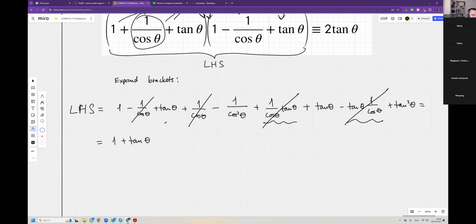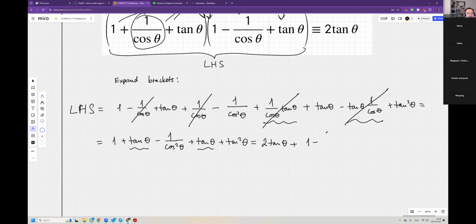Well, tan theta and tan theta, that's 2 tan theta. What about this one? Well, let's do 1 minus 1. So it's going to be 2 tan theta. That's kind of what I need, so I'll just keep an eye on that. Plus 1 minus 1 over cos squared theta plus tan squared theta.